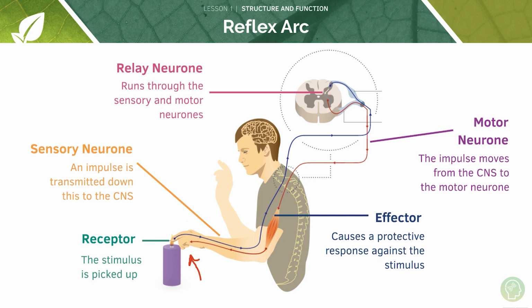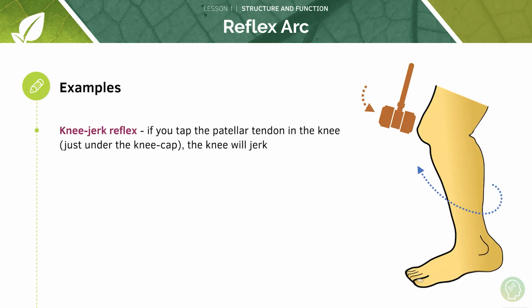The electrical impulse will then be transmitted to a motor neuron, again via a synapse, and it's going to travel back down to the effector, which in this case is a muscle, because we've got to move our finger away from the heat source, and this will contract and therefore cause the man to move his finger out of the candle. But remember, effectors can be muscles or glands. And in the case of a gland, this might cause secretion of a hormone. And so that would be an example of a way in which the nervous system and the hormonal system interact.